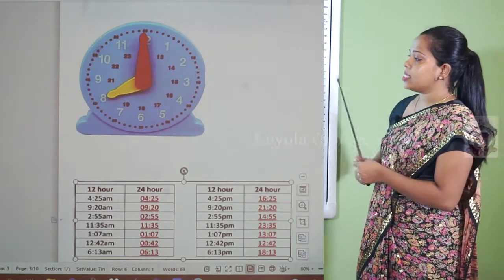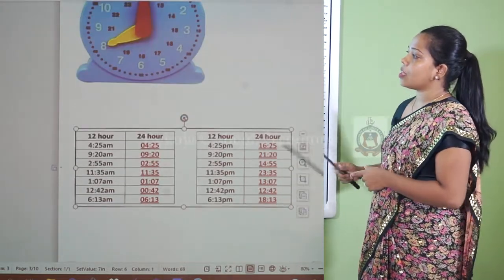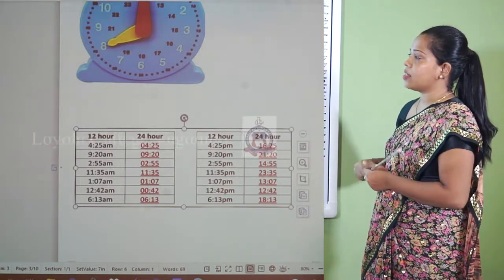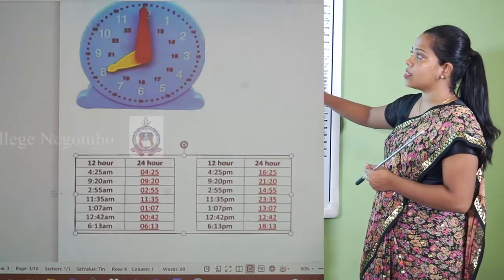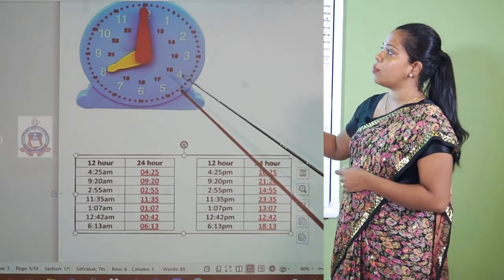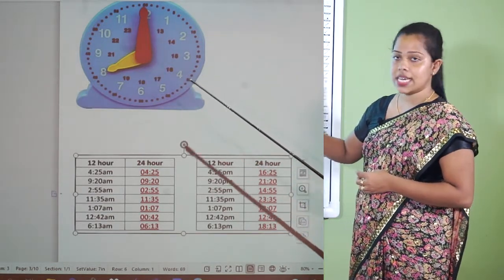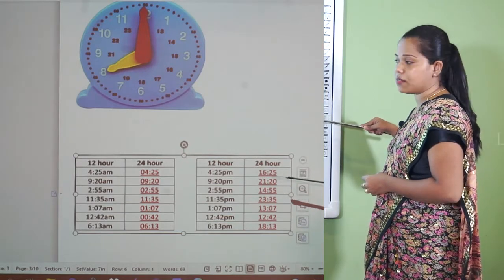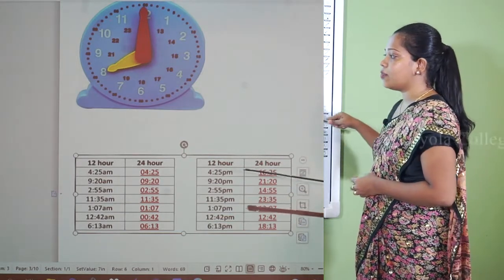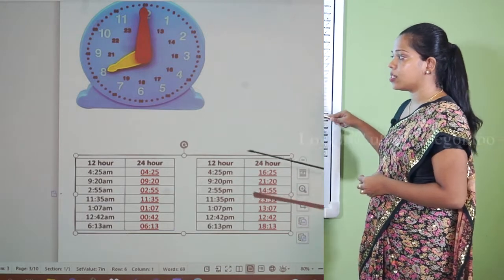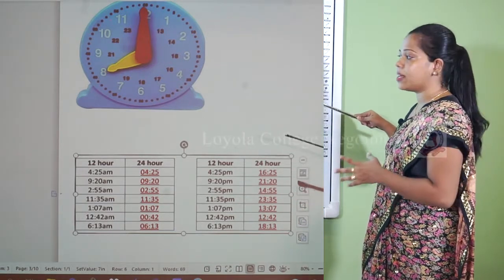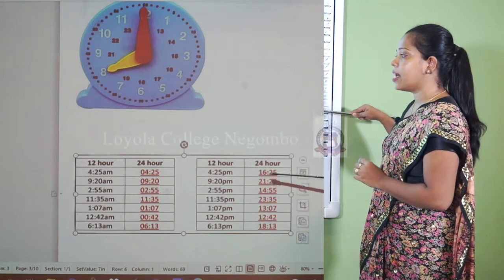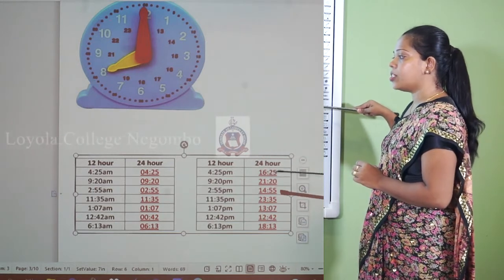So here in this table, 4:25. If you look at the clock carefully, 4 plus 12 is 16. So that is 16:25. That 4:25 p.m. in 12-hour clock time, in 24-hour clock time, that means digital clock time, is 16:25.